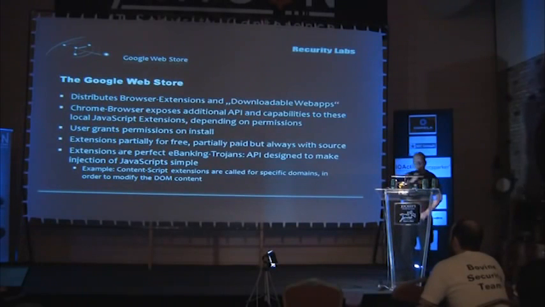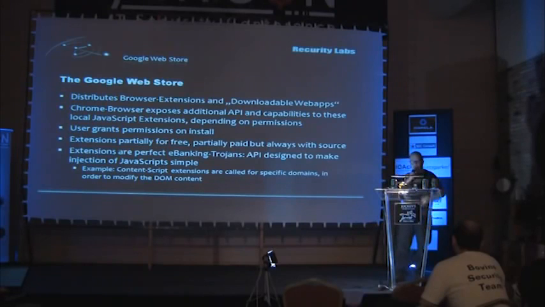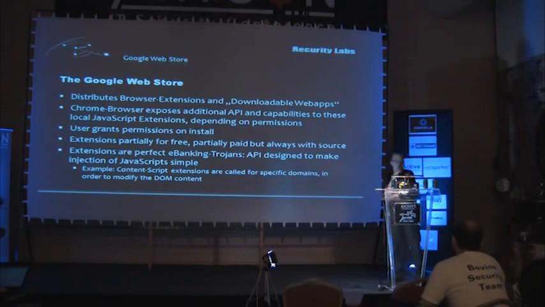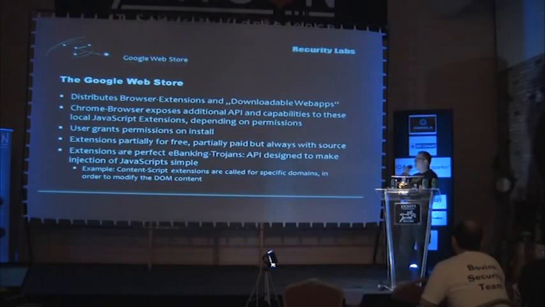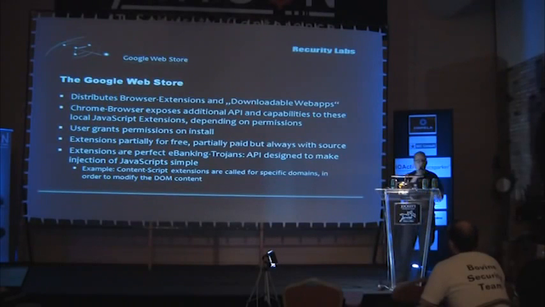Okay, so the Google Web Store, as I said, is the version of the App Store that distributes browser extensions. It's all JavaScript stuff. The user grants permissions on installation, we all know that. What is interesting here is the API itself, like what a Chrome extension can do. It looks like it was built for Russian banking Trojans.